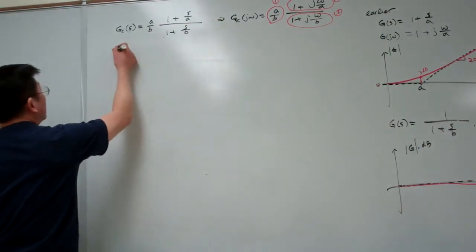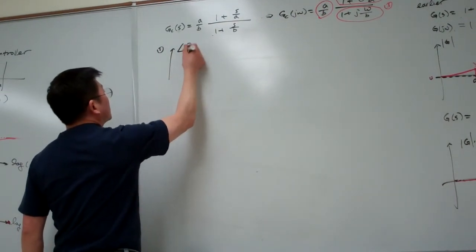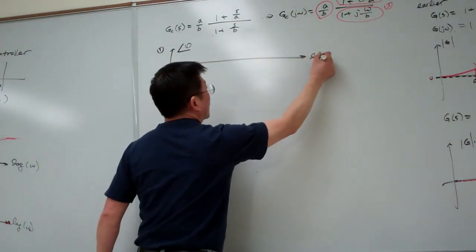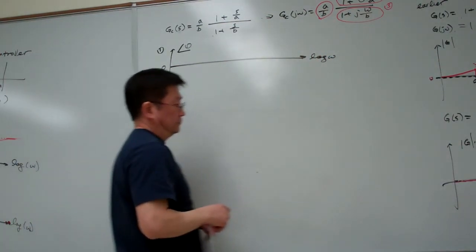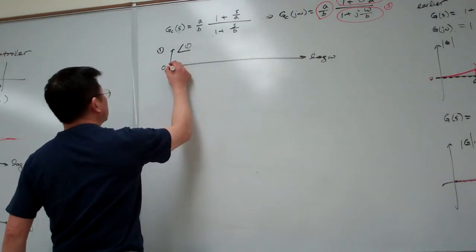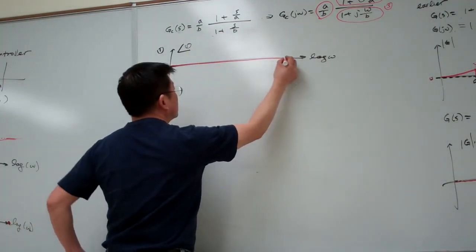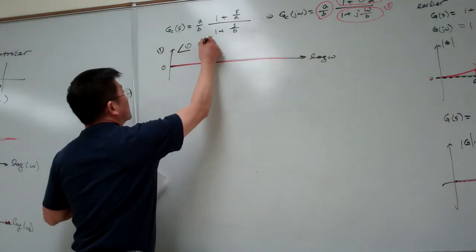Now again, we have the three terms, and here is the angle of the first term. That is a constant, basically 0 degrees.